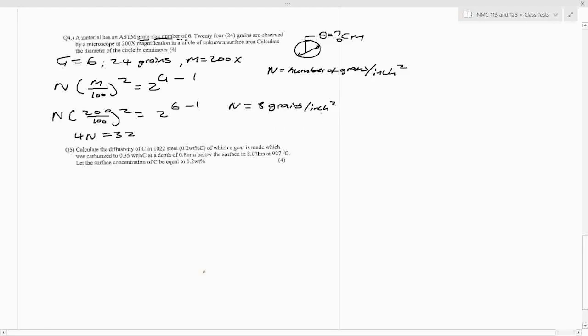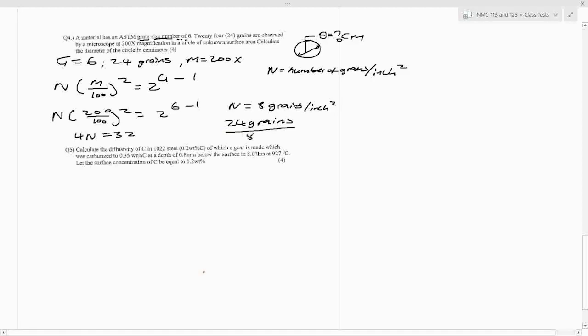But we've been tasked to find the diameter of the circle. So what we'll do is that we know that there are 24 grains, right?